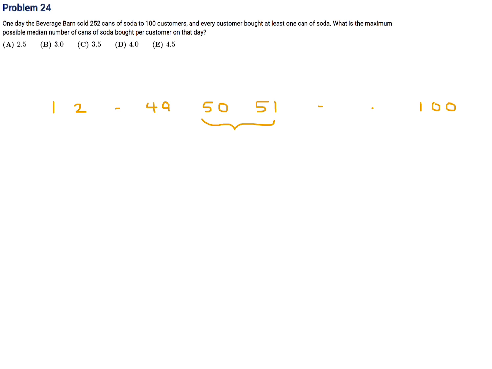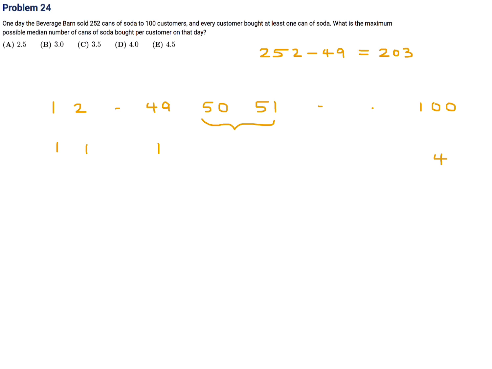Well, the first 49 customers, if they all bought one can each, then of the 252 cans, we've got to subtract those 49. And when we do, we get 203. And then if we want to divide this 203 into the remaining people, that is only going to be done as follows.